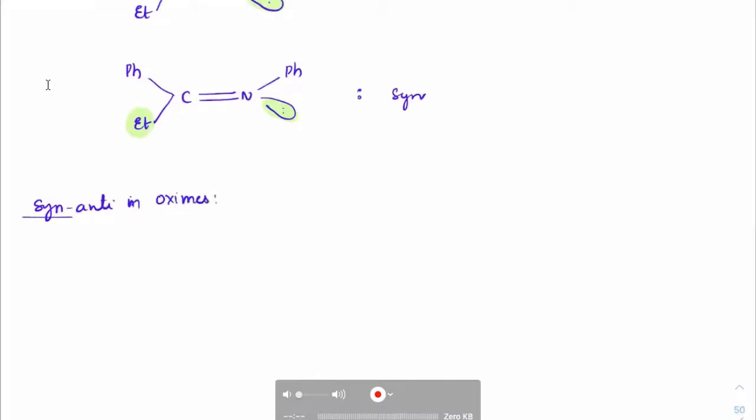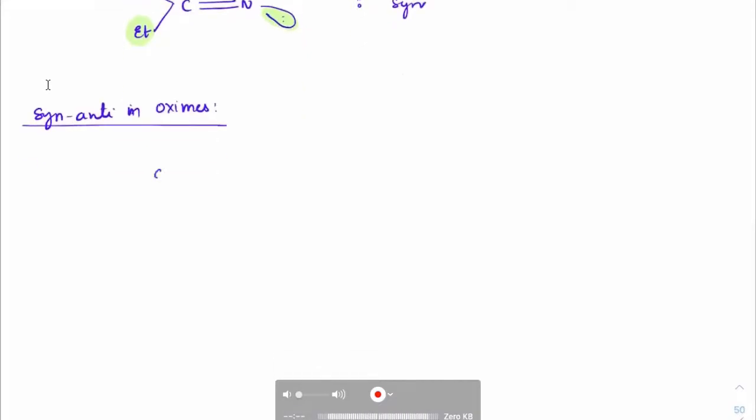Oximes. Now what are these oximes? When you have C double bond N, N has an OH group, and here we have the lone pair. Instead of H, if it is OH, we call it an oxime. Okay. So in an oxime, suppose on the left-hand side there is hydrogen. Then in an oxime, the way to judge is hydrogen and OH. If hydrogen and OH are on the same side, we call it syn.